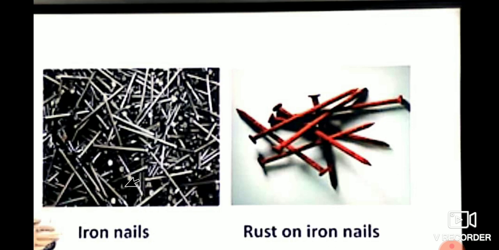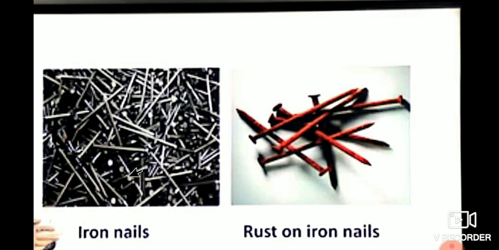Here iron nails are there. When iron is kept for a few days, rusting takes place and it becomes rust. This is called rusting of iron, rust on iron nails. In the first figure there are new iron nails, and in the second figure, when rusting has taken place, the iron nails look like this.